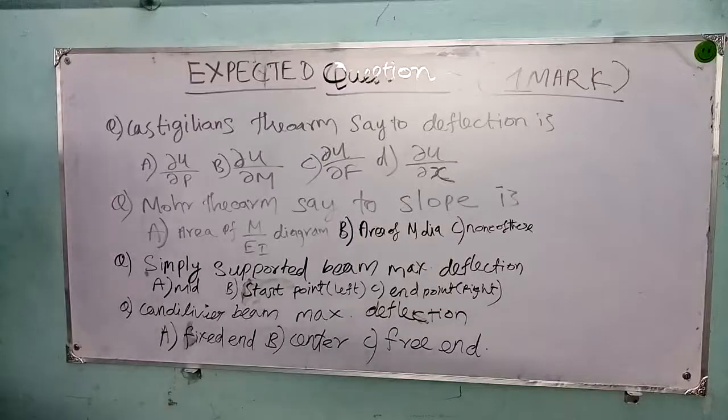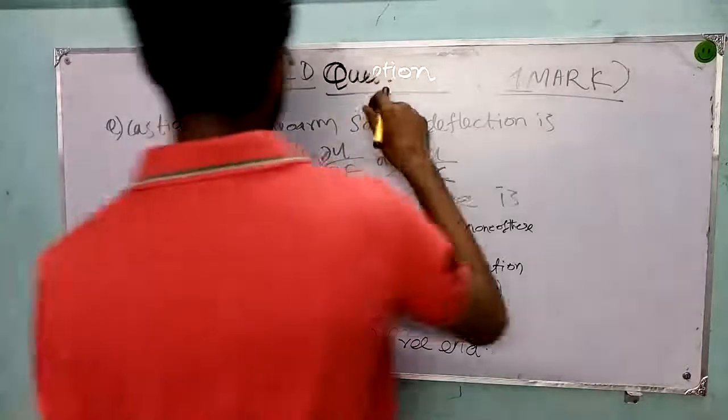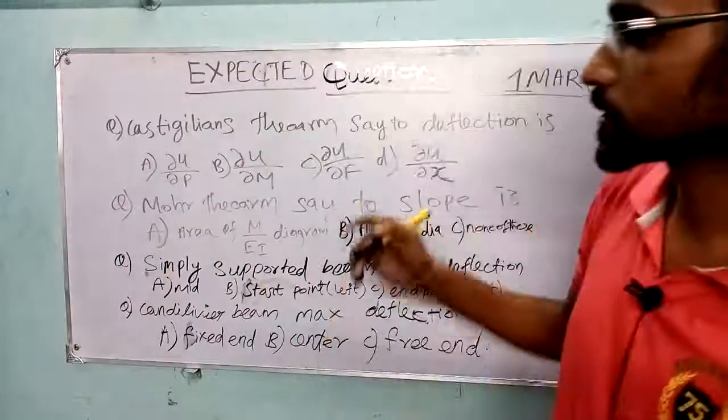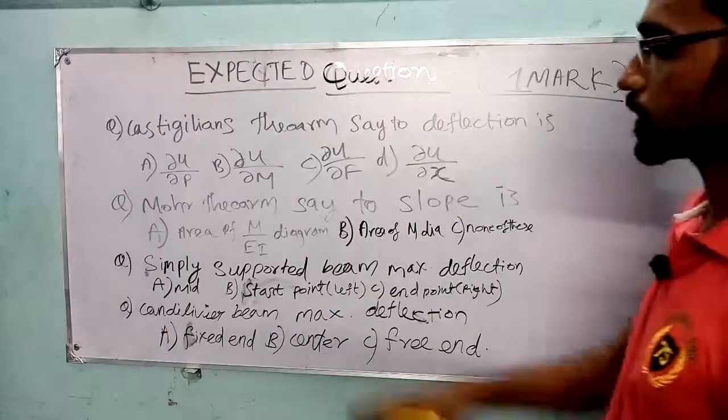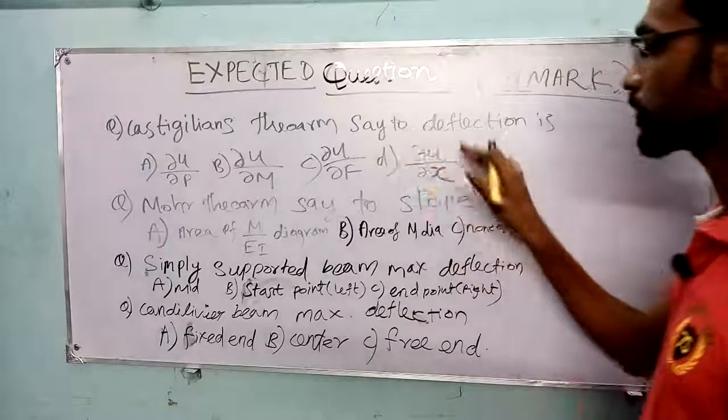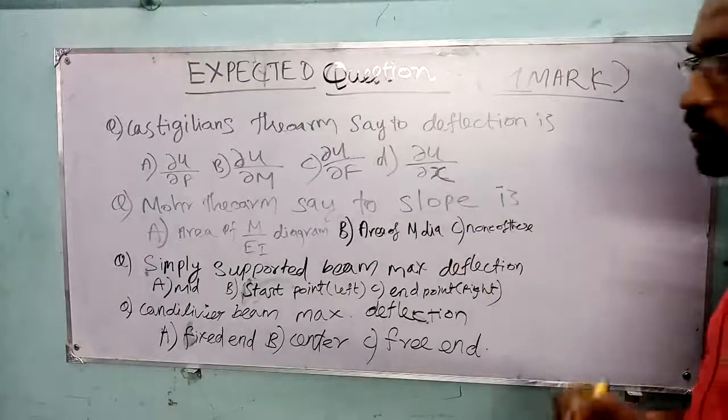Now let's see the expected questions on Castigliano's theorem. The first question: Castigliano's theorem gives two rules.